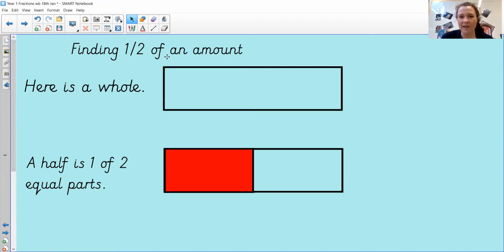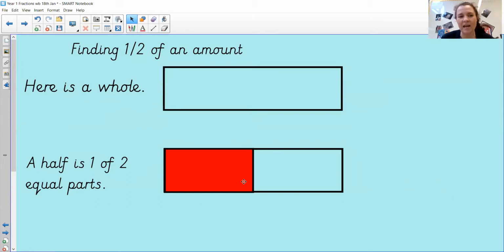So here I have, hopefully you think it's a rectangle shape. And we would say this is a whole rectangle. And underneath here, you can see that I have coloured in half of my rectangle. I know it's half because half is one of two equal parts. And that is what I've coloured in.